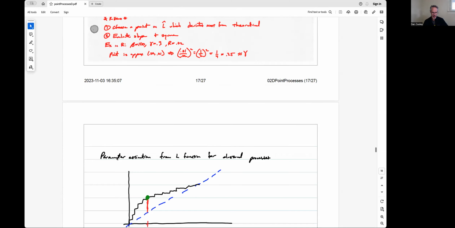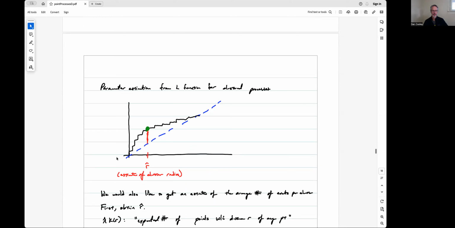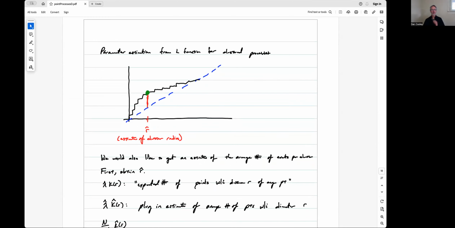Okay. Let's do the same thing for the Neyman-Scott process. So again, what we're looking for is that maximum distance, that radius where the maximum deviation from complete spatial randomness occurs. We're going to use this point and somehow we're going to estimate a quantity of interest for the Neyman-Scott process.